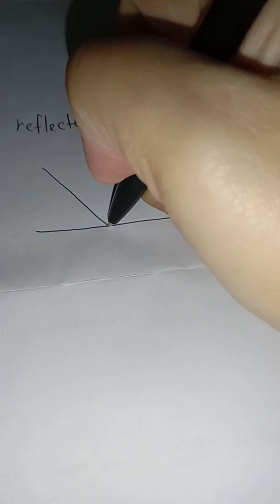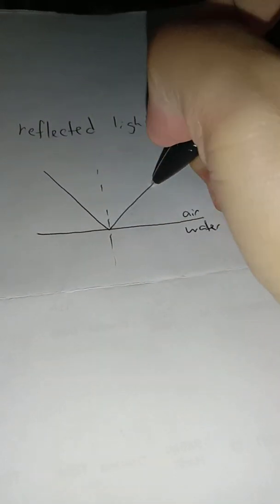Okay, reflected light is fully plane polarized. When there's a beam of light that strikes a water surface, so this is air and water, and the reflected light is fully plane polarized.